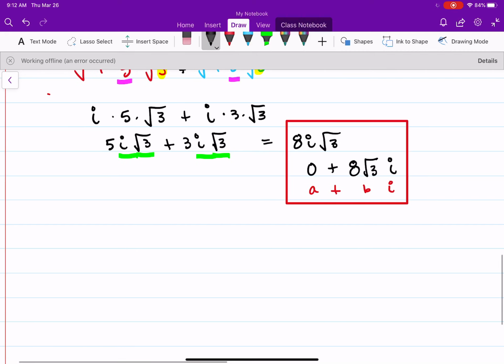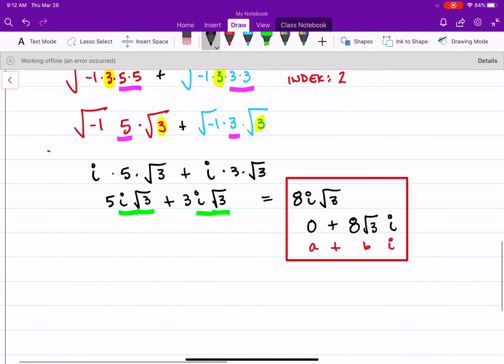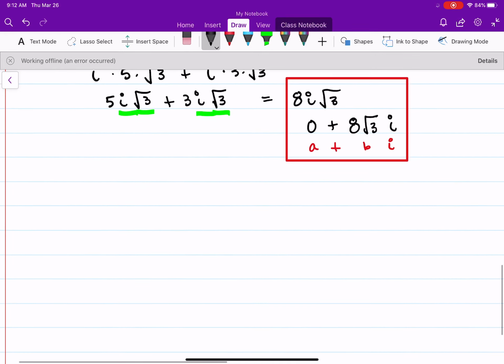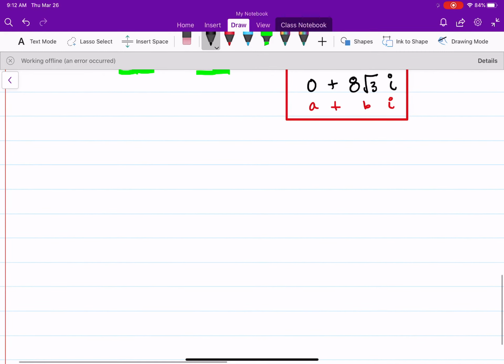All right, let's go to the next example. So next thing we're going to talk about is multiplying complex numbers. Okay, it has the same ideas as we were doing.